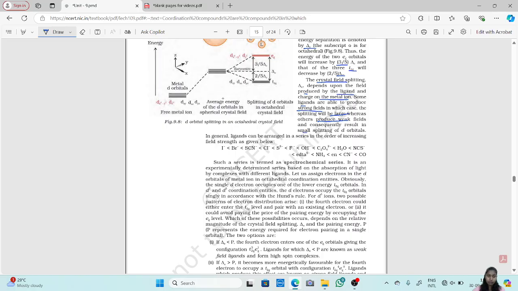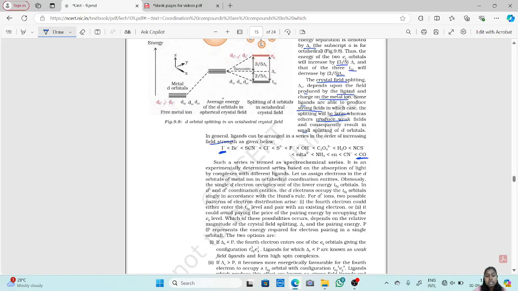Now in general, ligands can be arranged in a series in order of increasing field strength. Here they have explained the increasing field strength of the ligands. The one which produces the weakest field strength is I minus, and the strongest one is CO. CO being the strongest and I being the weakest.